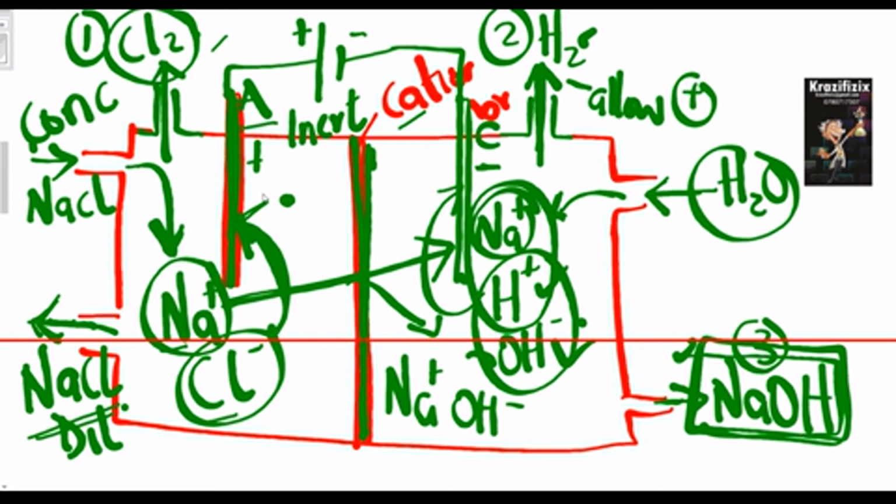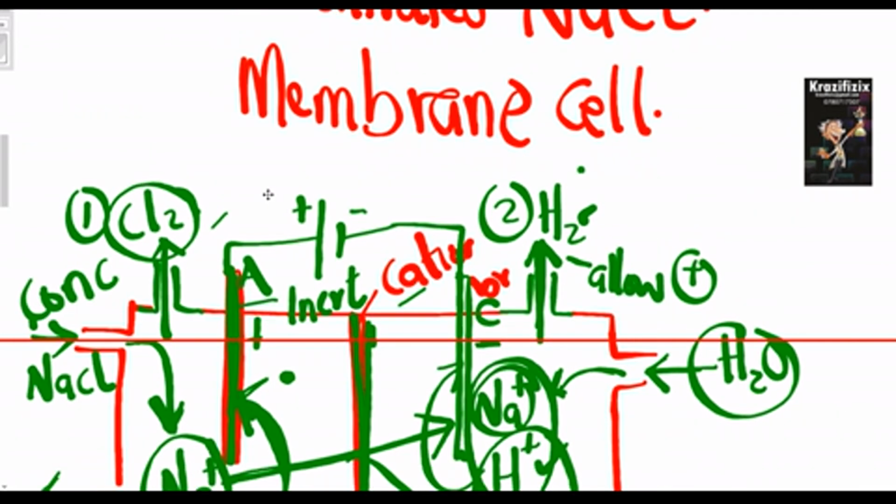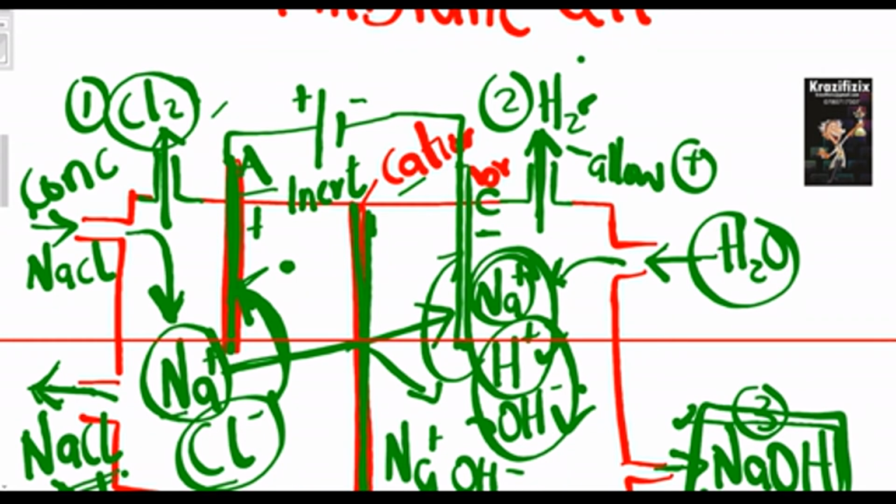Unlike the aluminium process, where our electrodes are burnt off, here we don't need to replace them regularly, because there's no reaction. Chlorine and carbon will not react, hydrogen and carbon also will not react. So that is our process there.